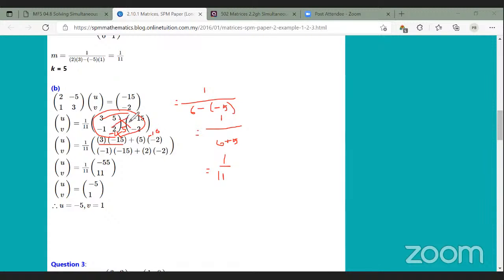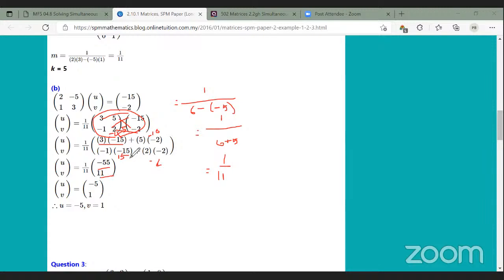And then here you have -1 times -15, you'll get 15, and 2 times -2, you'll get -4. So it will be -45 minus 10, you'll get -55. And here you have 15 minus 4, you'll get 11.